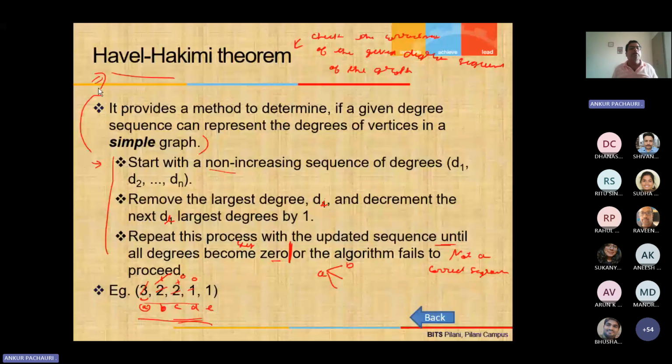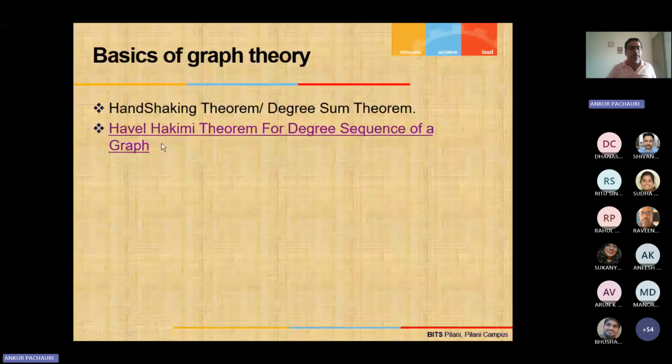So I should have a simple way of checking whether the degree sequence given to me is correct or not. If it is not correct, there is no need to execute the algorithm on that sequence. That's why this title is included.